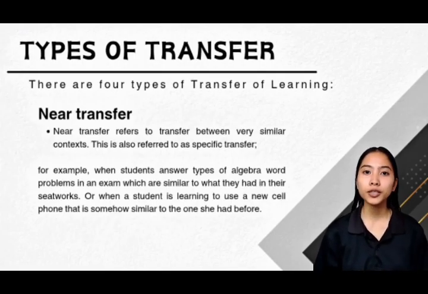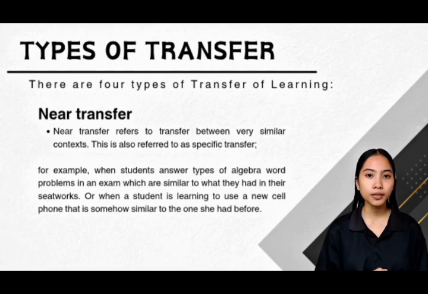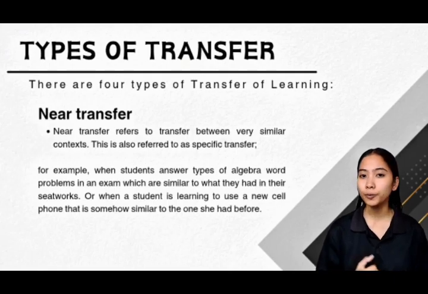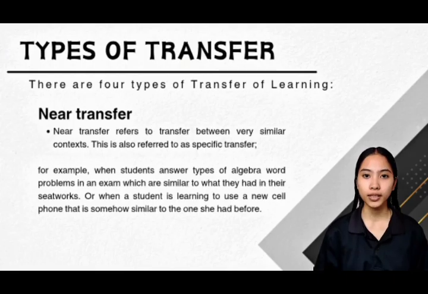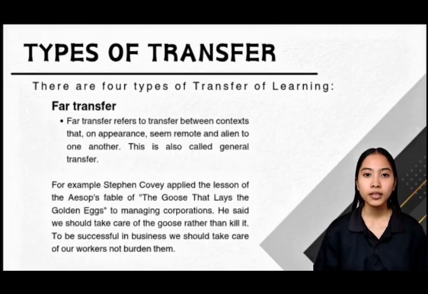Near transfer refers to the transfer between very similar contexts. An example of this is when students answer algebra problems in an exam that are very similar to those they have practiced in class. The last one is far transfer.